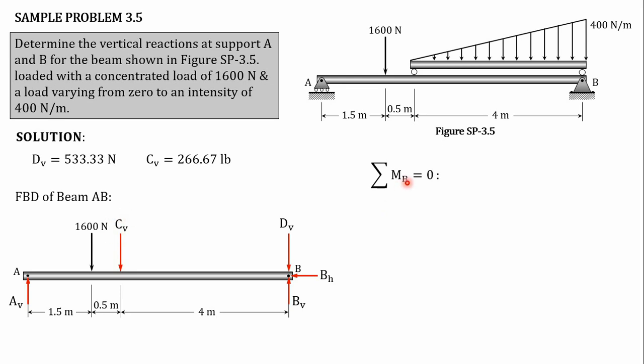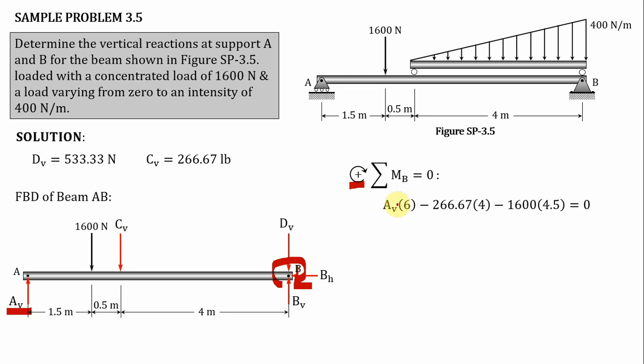Yung AB, yung 1,600 Newton at yung force CV. Okay, so summation of moment at point B is equal to 0, and then assume that clockwise is positive. Okay, so unahin ko si AB class. Explain ko siya one by one class. Force AB can create a clockwise moment, and we assume that clockwise moment is positive.